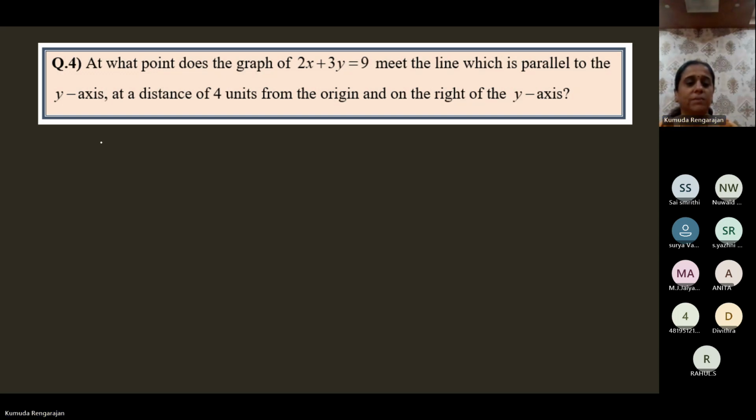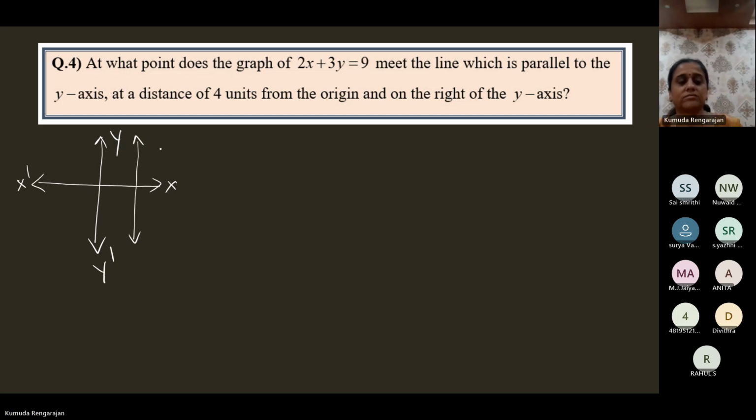It's parallel to the y-axis and to the right of the y-axis, and this distance is 4 units.